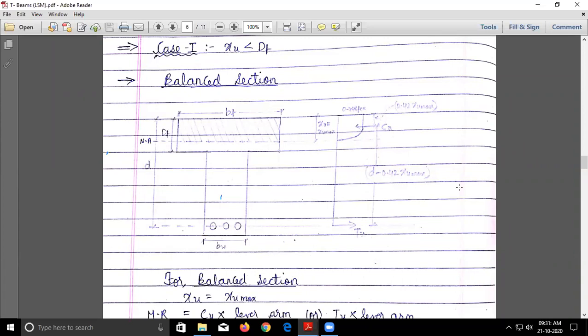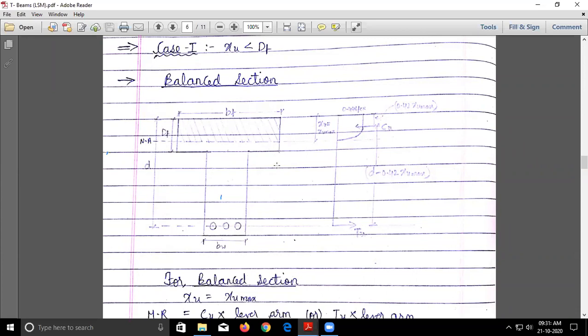The first possibility, or the first case, is that your neutral axis lies within the flange. That means your XU is less than DF. That is the first possibility. Since now we are dealing with a T beam, there might be a possibility that the neutral axis will lie either here or go beyond this flange.